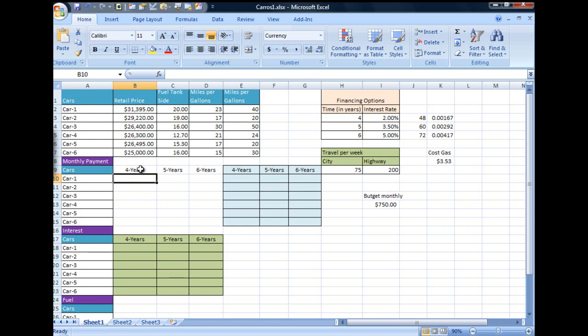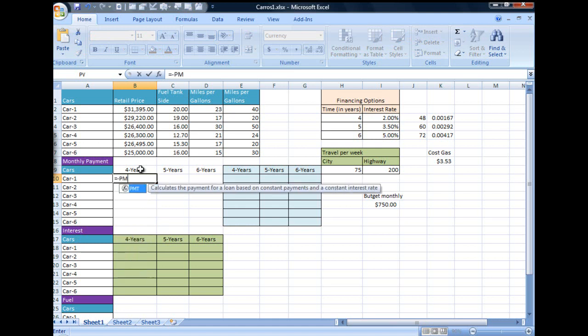Remember, the monthly payment is equal sign, negative, the function PMT, open parenthesis, the rate. The rate is, for example, K3, of course with absolute reference $, comma.